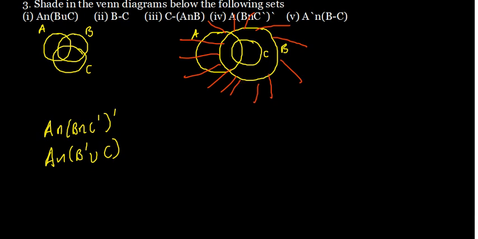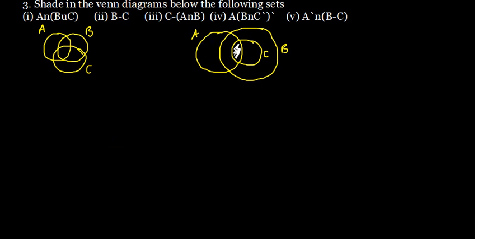Union C means together with C, so I'm also going to shade the set C. Now we want where these shaded lines are meeting with the set A, where they're intersecting with the set A. So you can see that here they are meeting with the set A, even here, okay, we are meeting with the set A. So what is going to be the final answer for this shading? It's going to be this one. You shade this portion and also shade this portion. So this is going to be the final answer for this question.